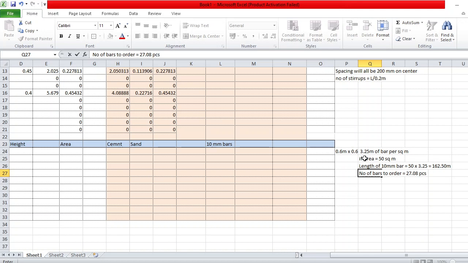Dahil may possibility na magdudugtong tayo, dagdagan na natin, so gawin na natin siyang 28. Tapos, kung tingin nyo, sa diskarte ninyo, kulang pa rin yung 28, kahit hanggang 29 pieces to order. Okay? So, that will be your consideration.